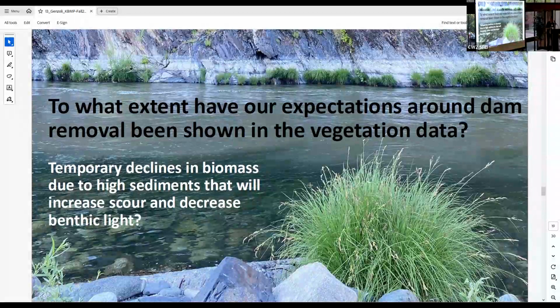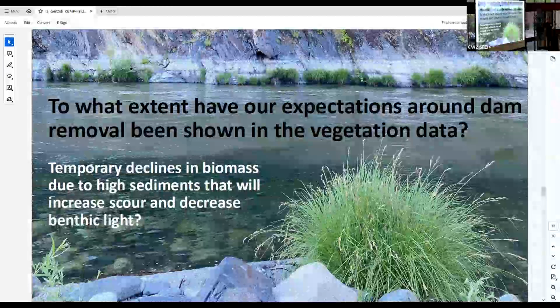And so to what extent have our expectations around dam removal been shown in this vegetation data set? Well, initially, I was really expecting at least temporary declines in biomass due to the high sediments, partly because of scour and partly because of decreased light at the bottom of the river.